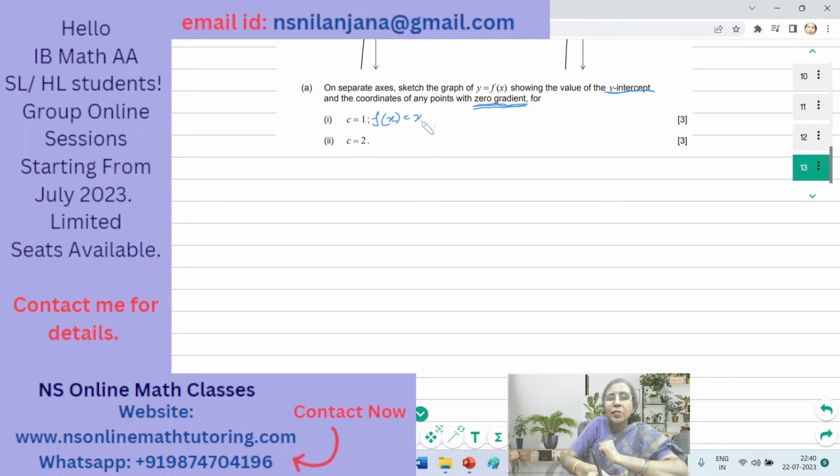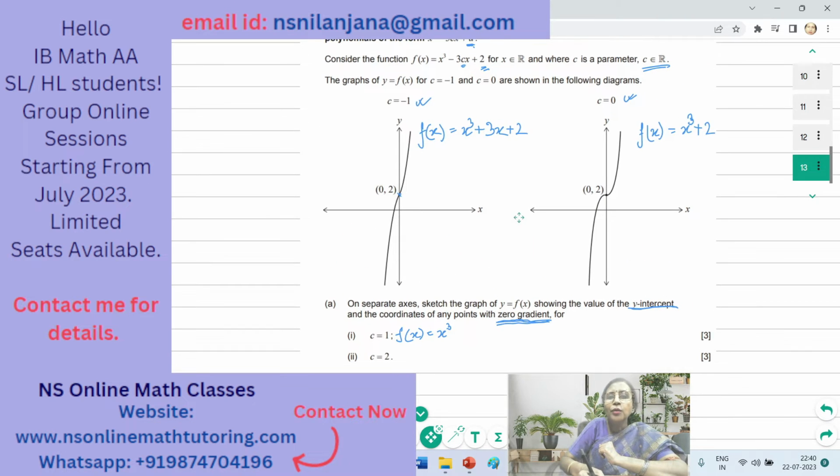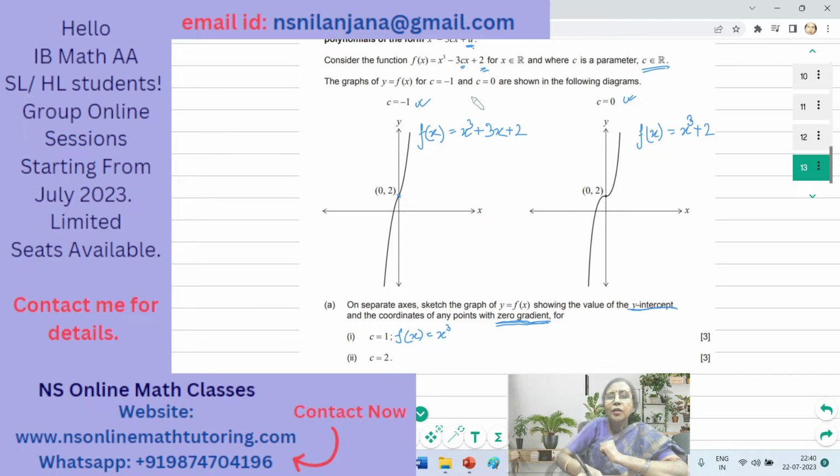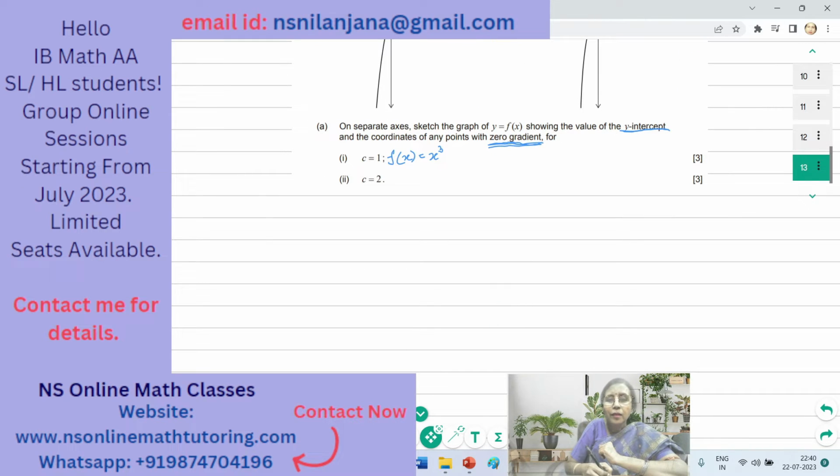It is x cubed minus 3cx plus 2. So c is 1. So minus 3 times 1 is minus 3, so minus 3x plus 2.